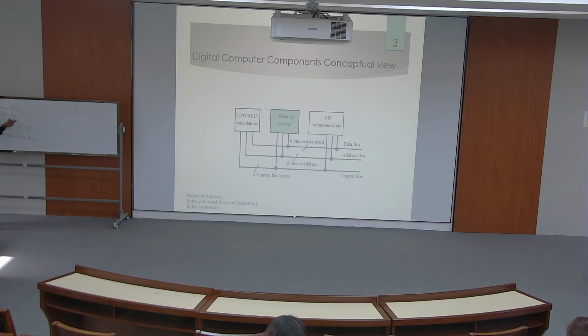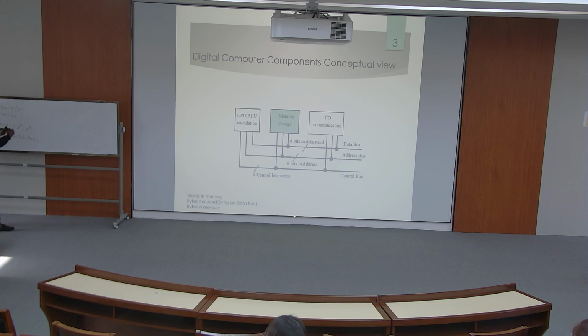That means we take this number of bits divided by 8. Because we wanted to find the number of bytes on the data bus, we take the number of bits in the data bus divided by 8, right? Clear? Because 1 byte is 8 bits.